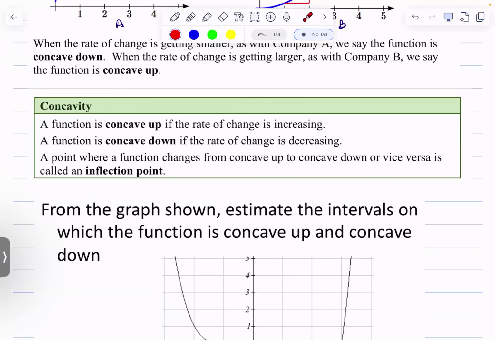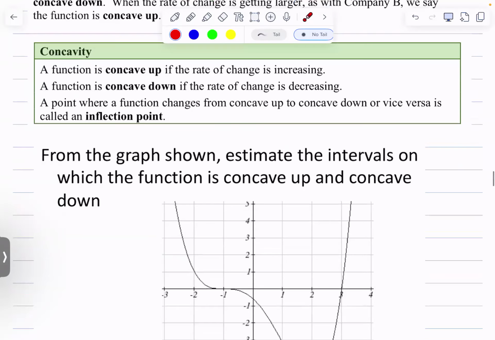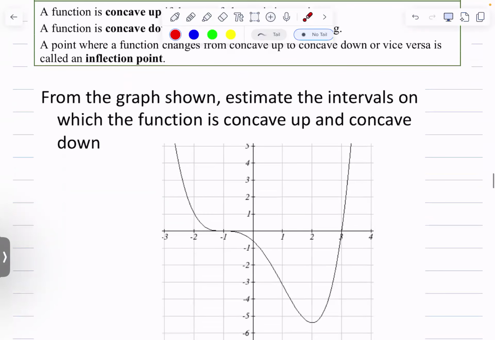But that's hard, and I'm not going to make you do that. But I do need you to be able to look at a graph and determine if it's concave up or concave down. Because a point where a function changes from concave up to concave down, or vice versa, is called the inflection point. Okay.